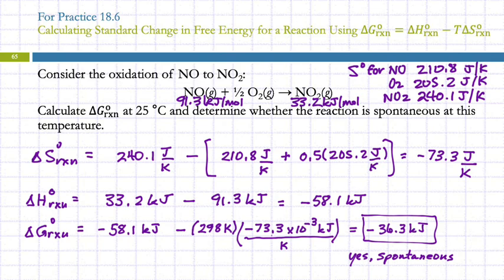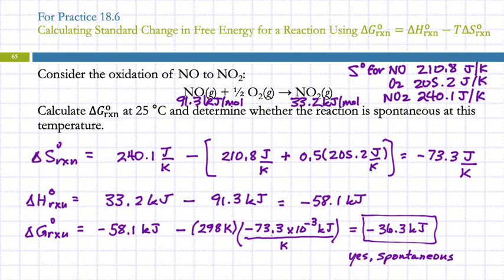Minus 73.3 joules per Kelvin. And minus 58.1 kilojoules. And our delta G was minus 36 at 25.